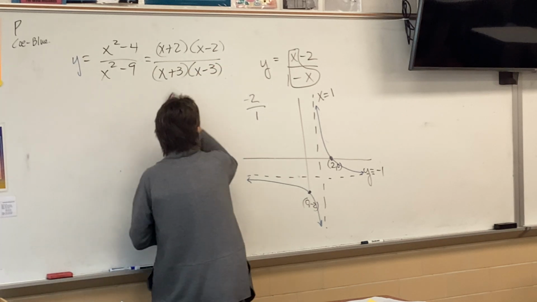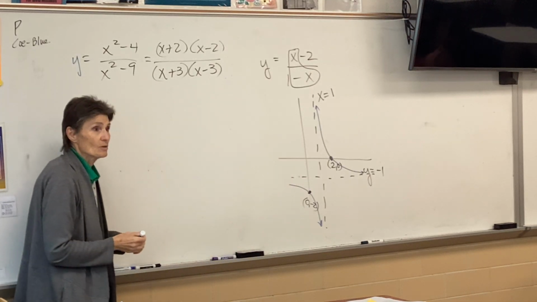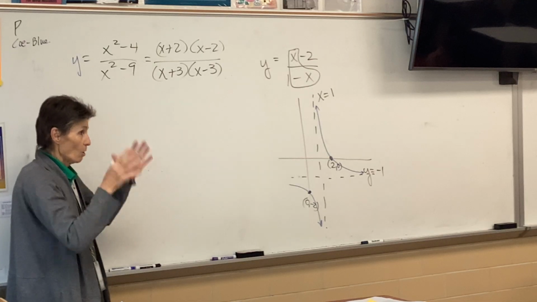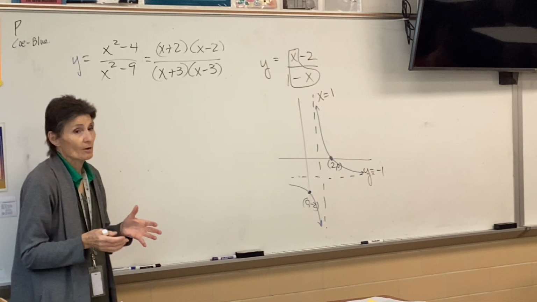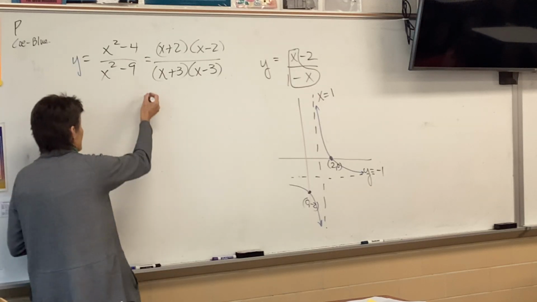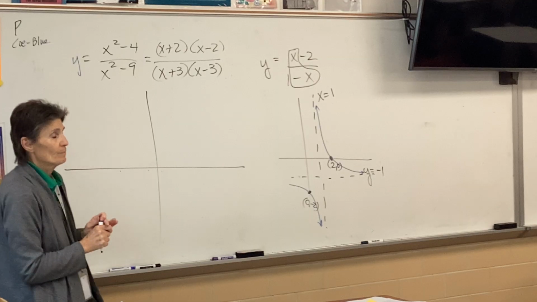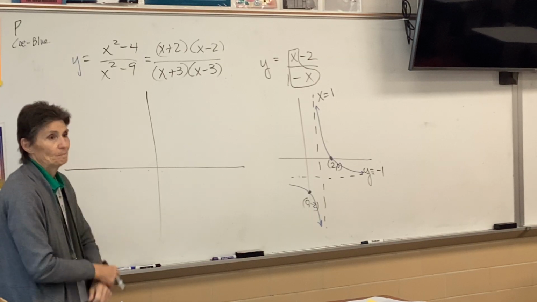And do you notice right off the bat that nothing cancels? So there still aren't going to be any holes because we didn't get anything to cancel. All right, so tell me what we would have then. No holes. What do we have?